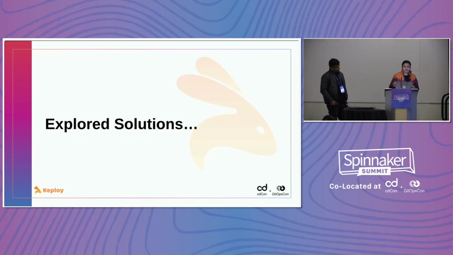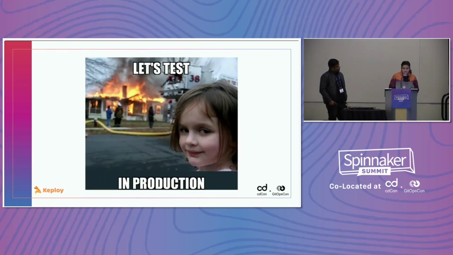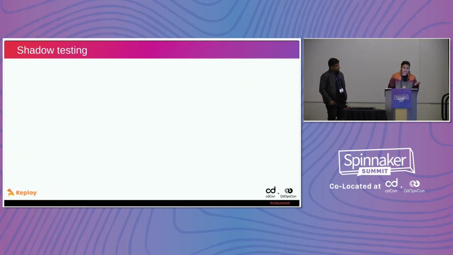I will just give you a brief about the different solutions that we explored to achieve this state, and what the limitations were. We thought of starting with testing in production because we wanted our test data to be just like production. If you want to test in production, you just need to do shadow testing: your application is running, serving the user traffic.